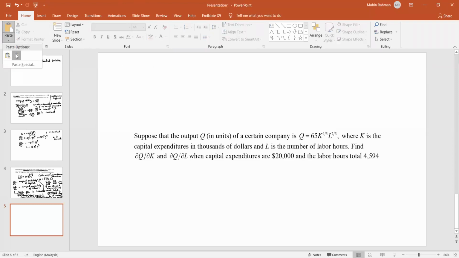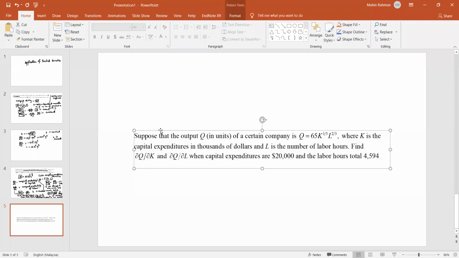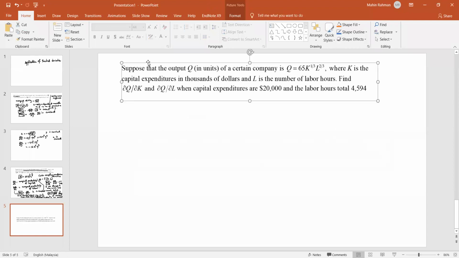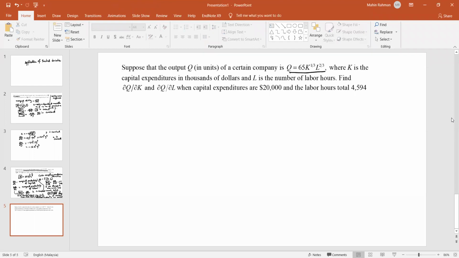Okay, here it is saying that suppose that the output of a certain company, that means the Q, is equal to 65 K to the power 1 by 3 and L to the power 2 by 3, where K is the capital in thousands of dollars and L is the number of labor.